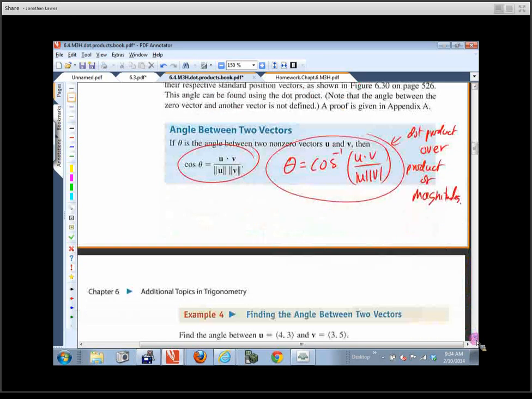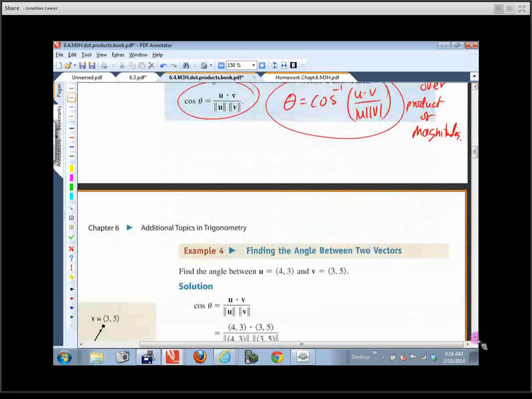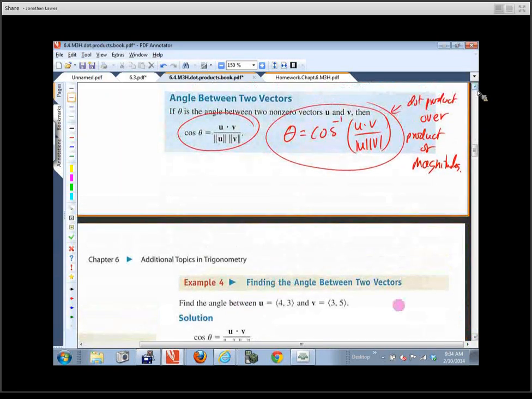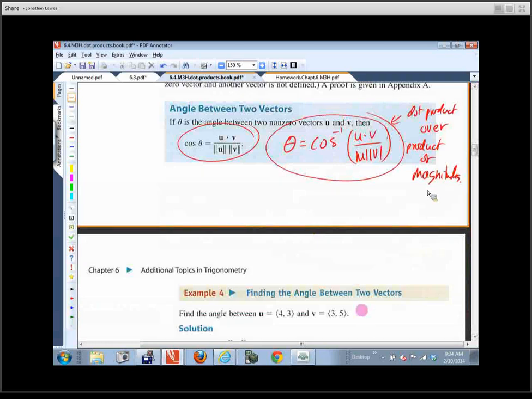So the next one says, find the angle between these two vectors. So here's what we're going to do. We're going to say that the angle between those two vectors is the cosine inverse of, let's figure out what we put on top.